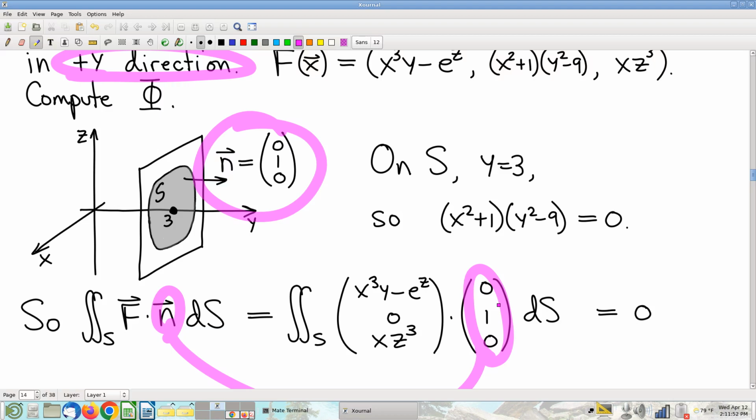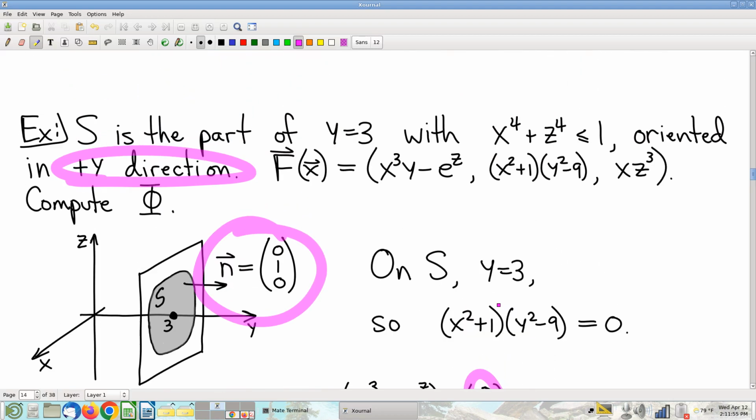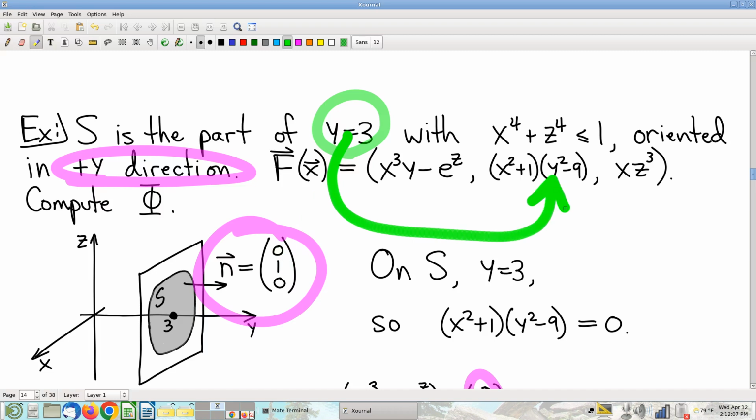The next observation to be made is that y equals 3 not only tells me what my normal vector is, it also tells me what I'm allowed to plug in for y in the vector field. After all, every point I'm interested in when I'm computing this flux is on this plane.